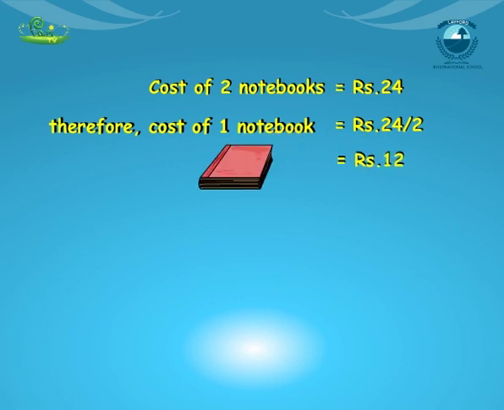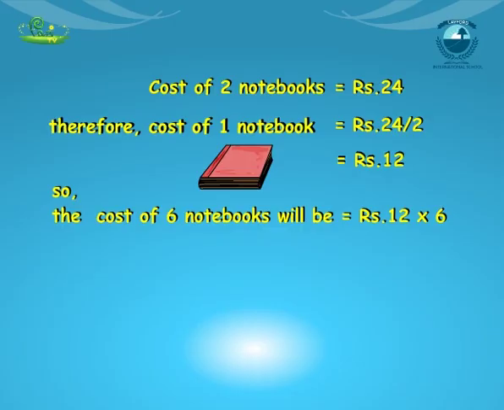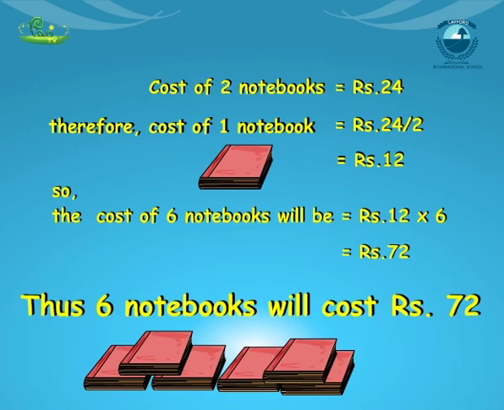That is rupees 12. Now we will multiply the cost of 1 notebook with the total number of notebooks. So, the cost of 6 notebooks will be rupees 12 into 6. That is equal to 72. Thus, 6 notebooks will cost rupees 72.